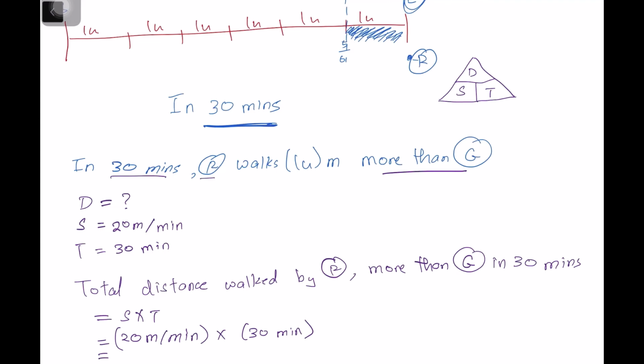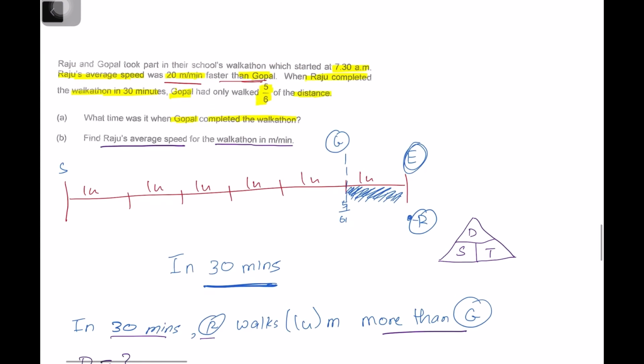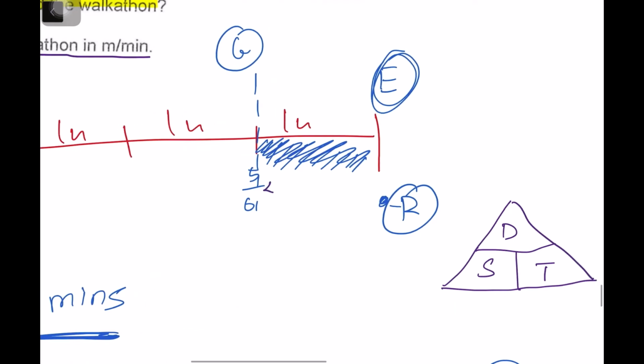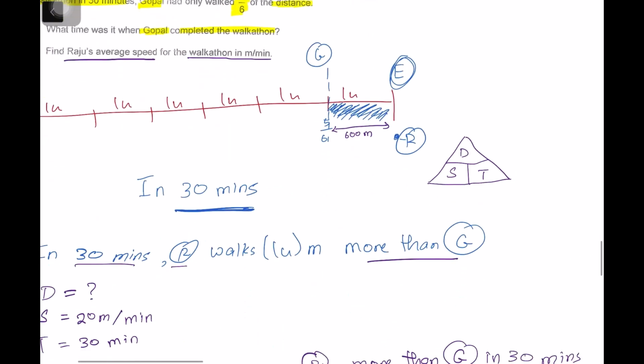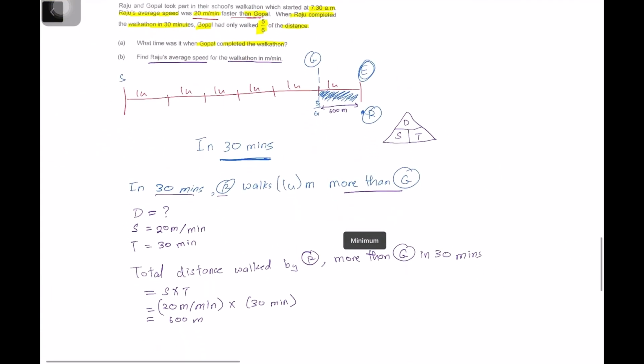So what does this give us? 600 meters. So it means that the distance of one u over here is actually equals to 600 meters, right?